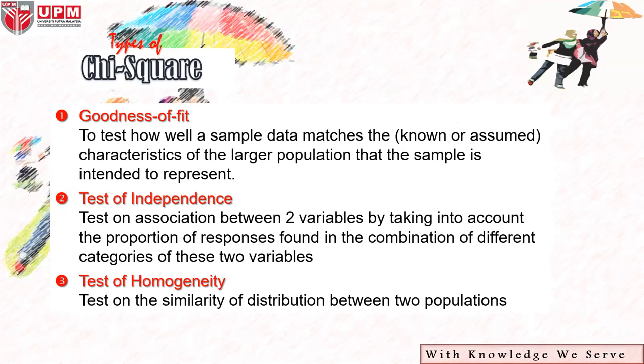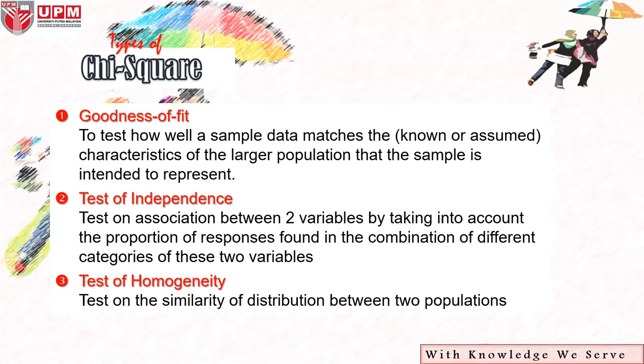So this one is a compatible analysis to the one sample t-test, in which we want to compare the data that we have with a previous study. The second one is the test of independence, which we use to test on association.